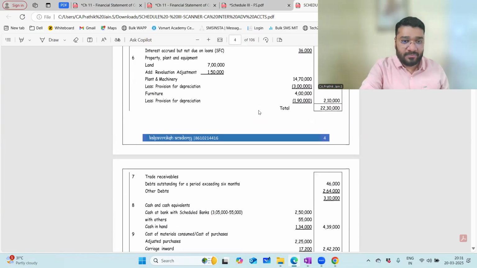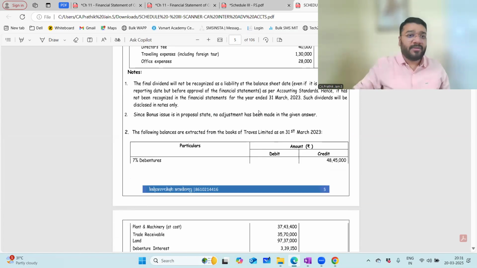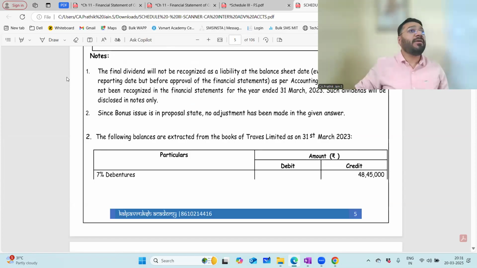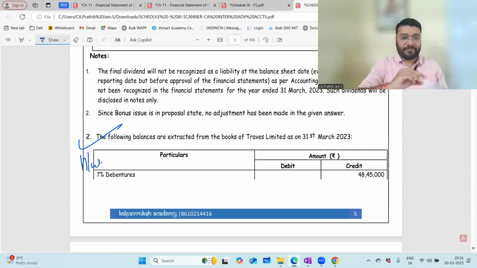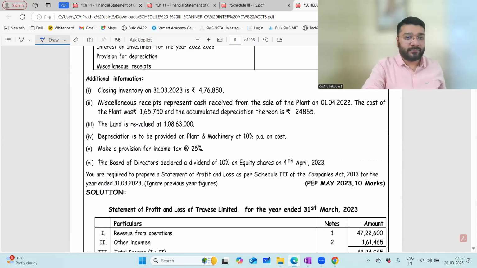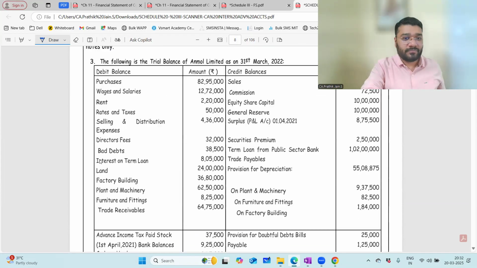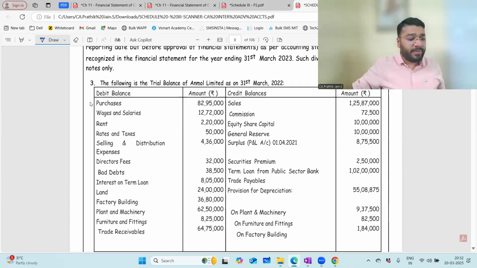Second, concentrate. Second question, homework. Have to see whether this is proper or not. Third question, homework. I'm cross checking whether both are right or wrong.